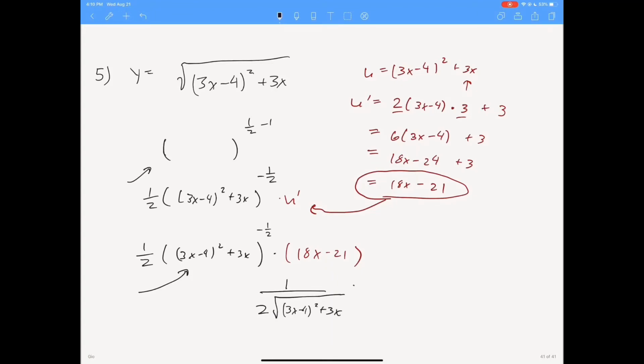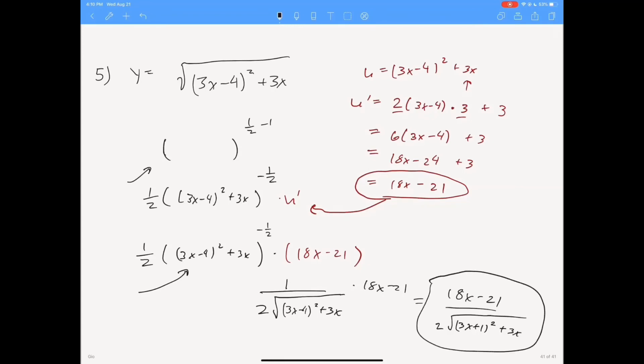And then times 18x minus 21, which we can just put entirely on the numerator. Okay, we have 2 here, radical 3x minus 4 quantity squared plus 3x. It's under the same radical there. And that's our final answer.